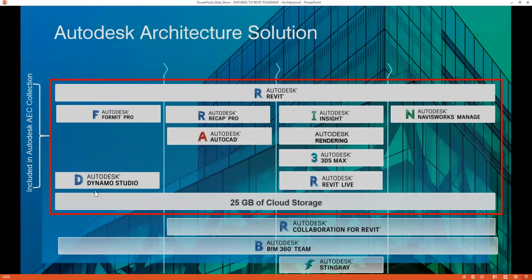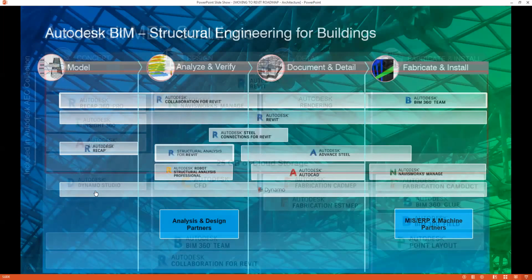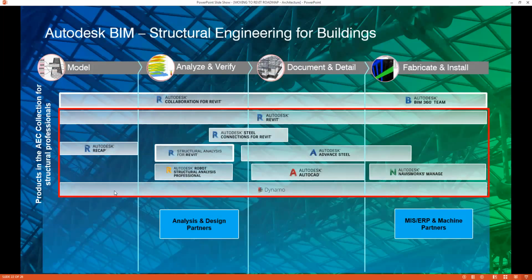Anyway, for structures, let's go back to the structural solution. Yeah, so Dynamo is a very large part of modeling the complicated structural designs, especially as we know that structure now contributes a lot to design. In fact, some designs are basically, the essence of design is from the structural engineering component, like the Nest, for instance.